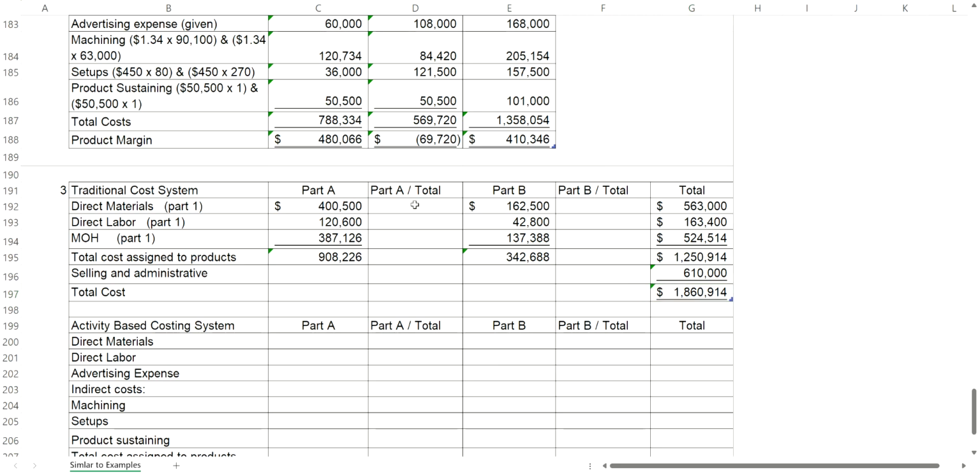Next, I'm going to get each as a percentage of the total, starting with direct materials. The total direct materials are $563,000. So what I want to do is take Part A's materials, which is $400,500, divided by the total materials of $563,000, and 71% of the materials go to Product A. If I take $162,500 divided by 563,000, let's try that again.